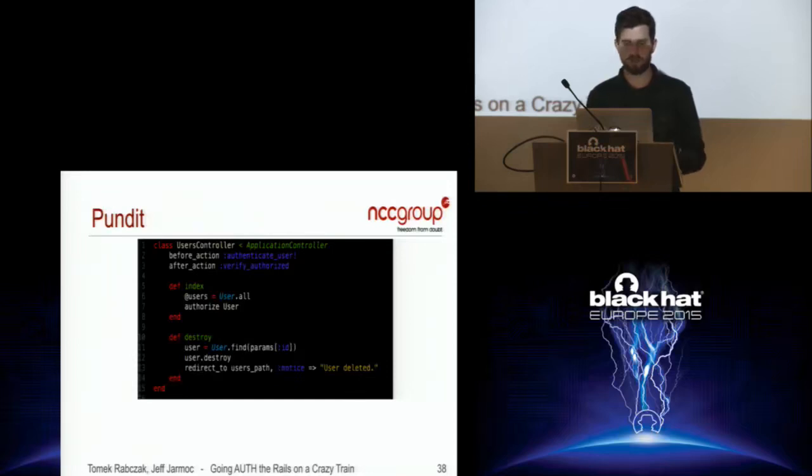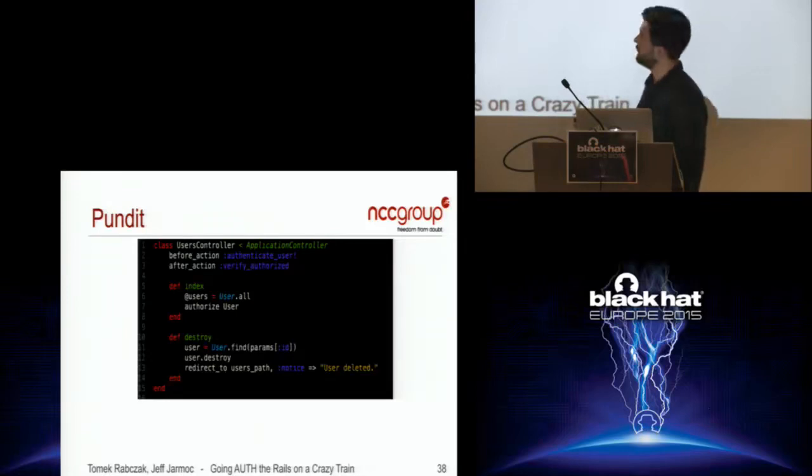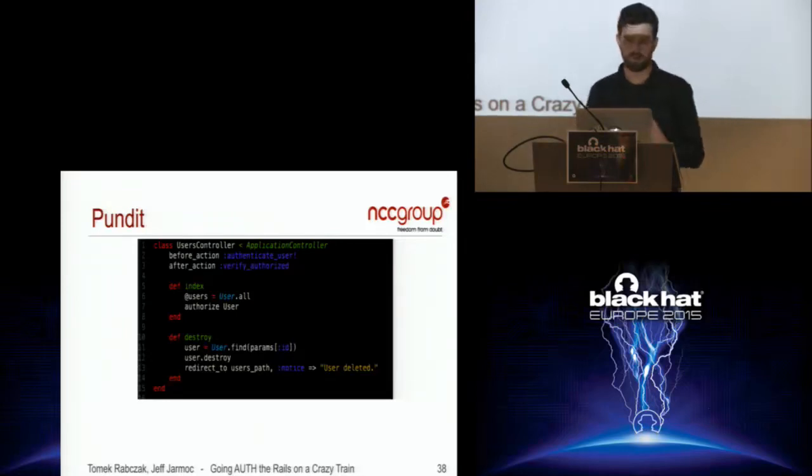For CanCan, that's in the abilities file. For Pundit, it's through policy files. But ultimately, you're still going to get the same thing. Within your controller actions, here you'll see that we're calling authorize. And that will take the current user that's logged in, make sure that they're authorized, and if not, it'll throw an exception, and the controller action won't complete.